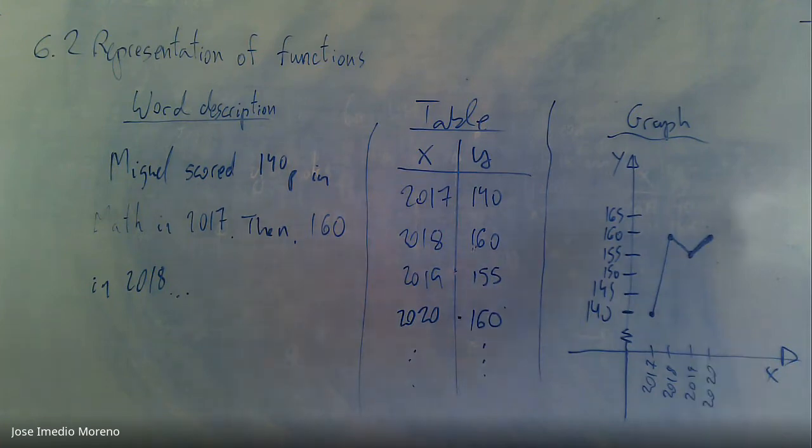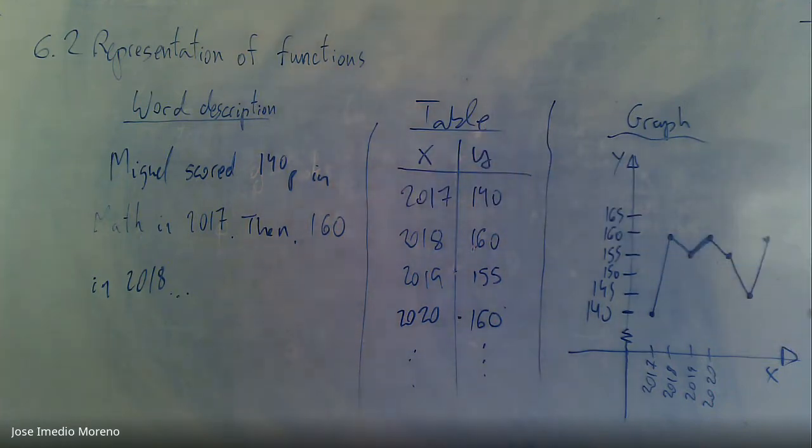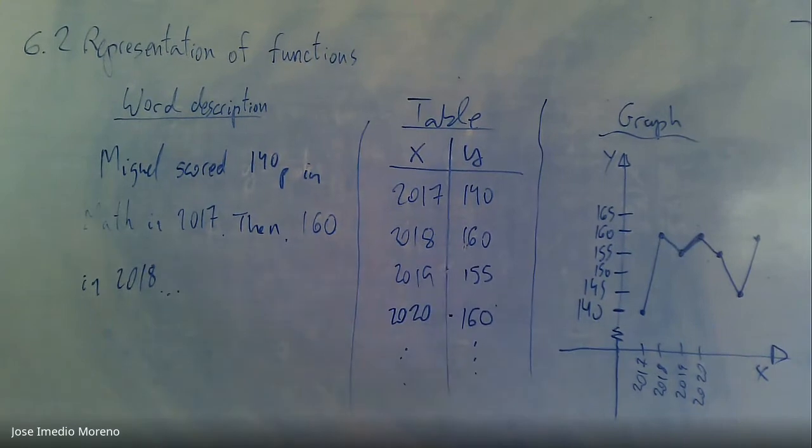And imagine I keep obtaining values here for this student. Good. So I get a function here, right? And I express this function in three ways. I express it with a word description, with a table, and then with a graph.